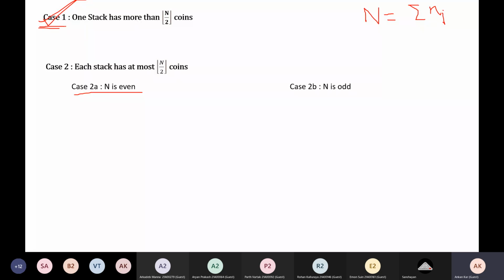You understand why, right? Why it will reach one coin each.